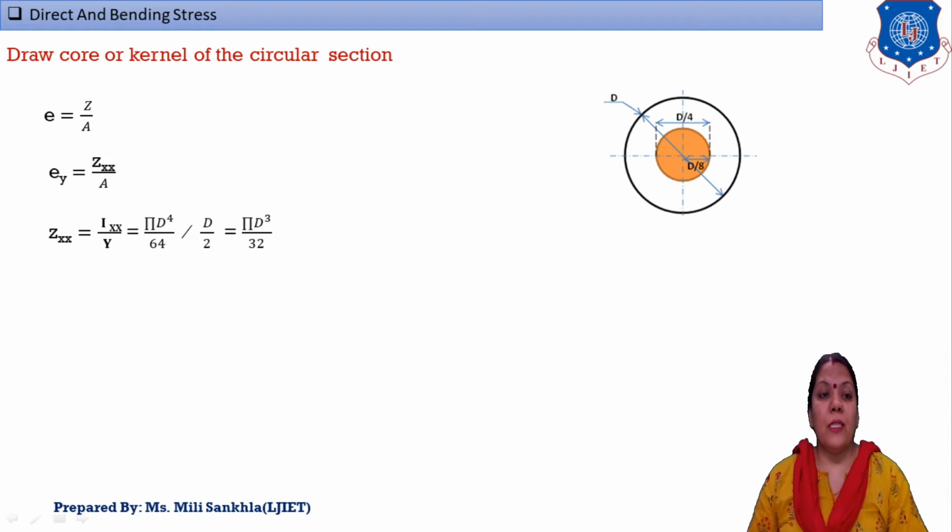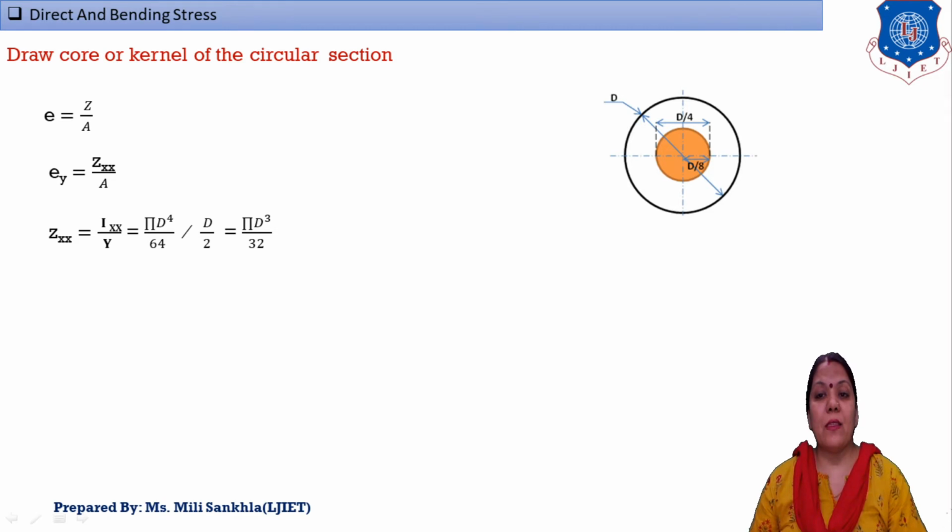Now section modulus Zx is the ratio of moment of inertia to the maximum distance of the centroid from the edge. What is the moment of inertia for a circular section? That is pi by 64 D raised to 4.